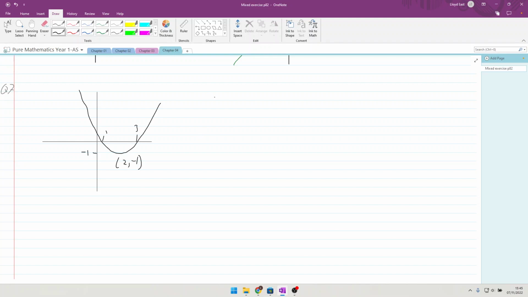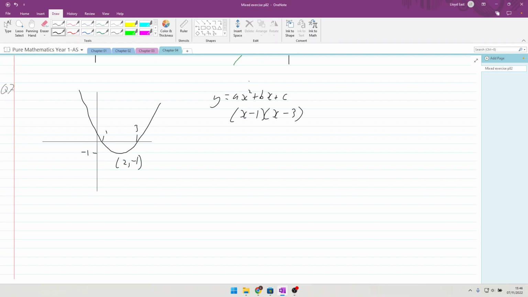Okay, and they want the format of that. So y equals ax squared plus bx plus c is the format they want it in. Now then, if we take the graph x minus 1 and x minus 3 and start multiplying it out, we will find that we have the correct shape curve, and then what we've got to do is check that it goes through the minimum on there.